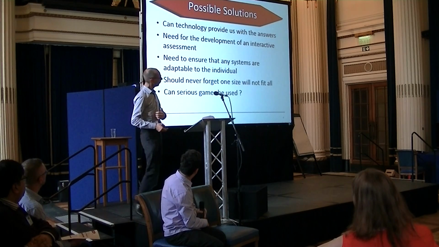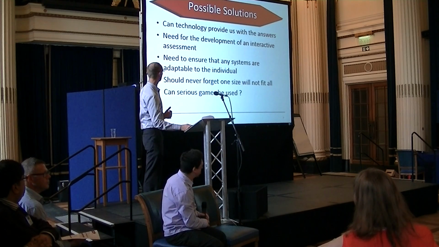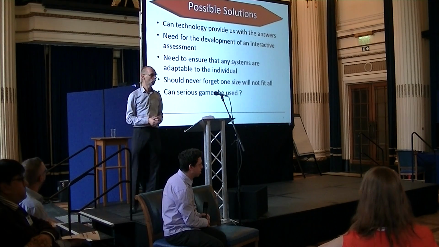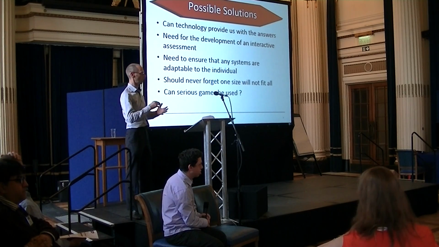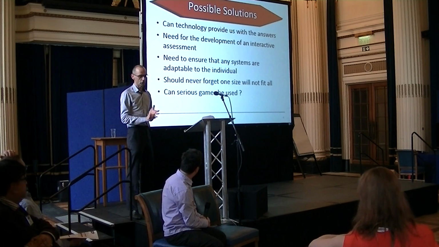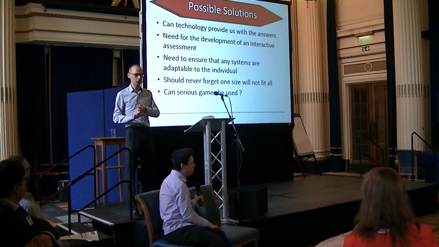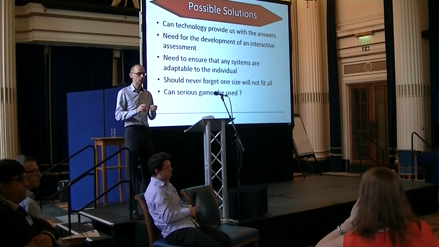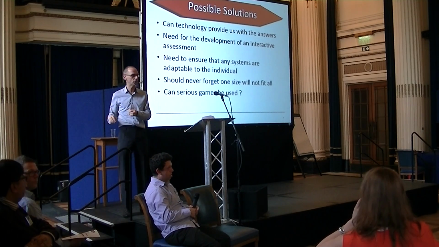So, we've said that there's a need for the development of an interactive assessment. That assessment, hopefully, would pick up all the issues for that individual, whether they've got mental health concerns, whether they've had issues in the past, what their disability is and how that disability affects them on a day-to-day basis.